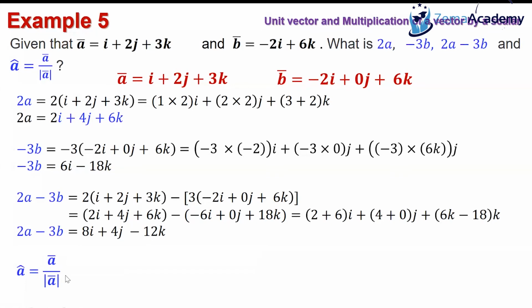So in this case, I will find out the modulus or the magnitude of vector A, which I said was just the square of the directional components. The directional components of this vector A are i, j, k, so it will be 1 square, 2 square, and 3 square.